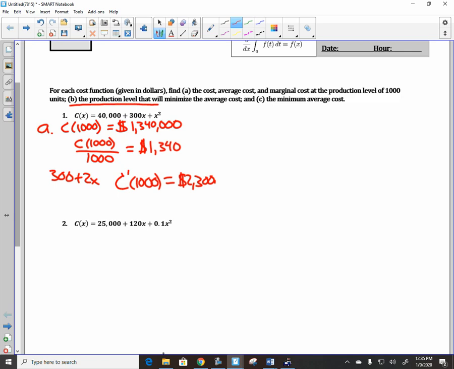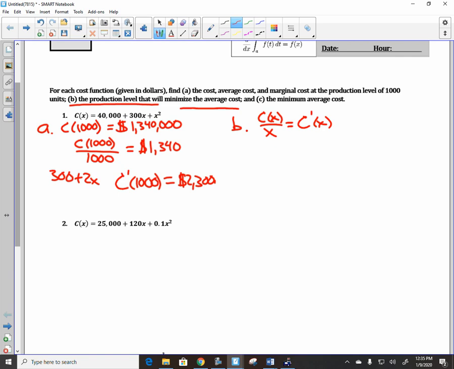Part B, the production level that will minimize the average cost. We just had a formula. What was our formula for minimizing average cost? C of x over x is equal to C prime of x. Let's try to figure that out.